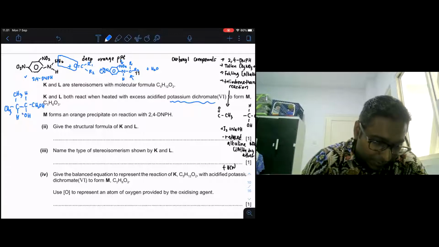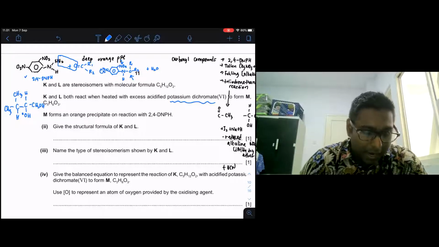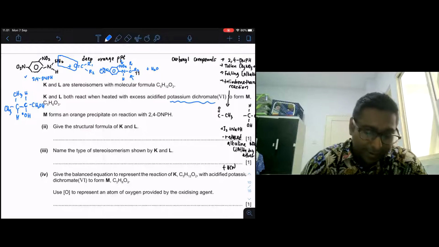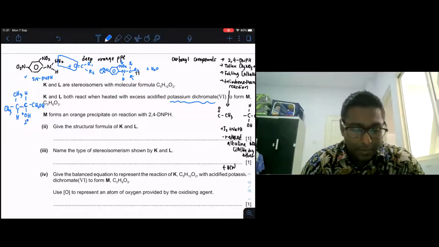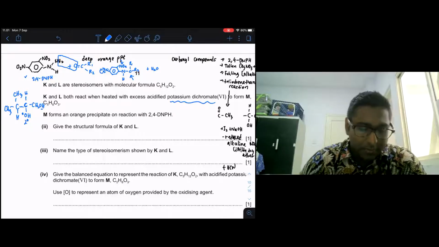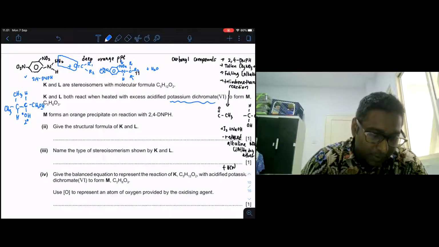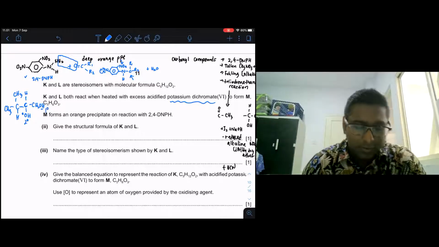If you look at this OH, the carbon attached to it has two R groups, so that is a secondary alcohol. And this OH, the carbon attached to it has only one R group, so this is a primary alcohol.